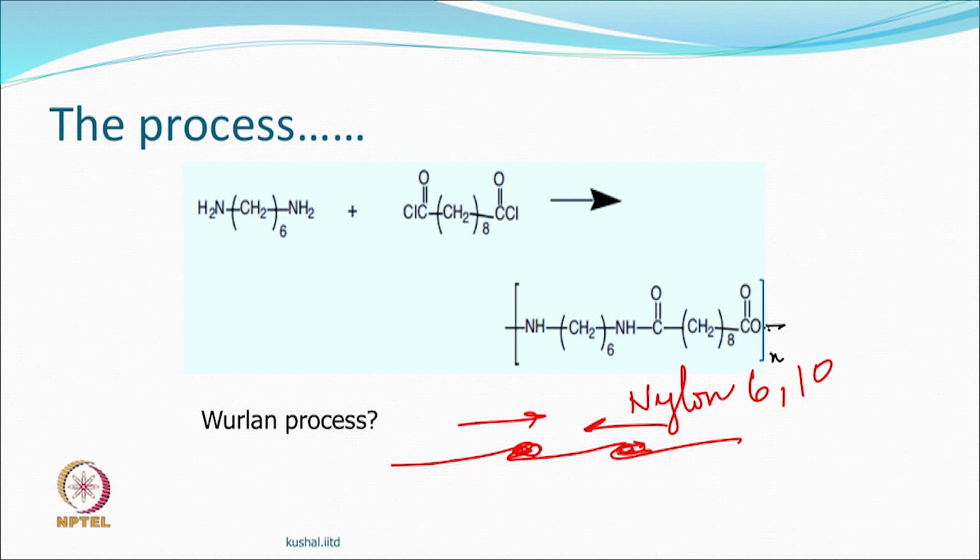Have you heard of a process called the Everland process? No? The Everland process is the process which used this polymerization technique on to the wool, so that the scales on the wool could be masked, because you have felting. That is one of the properties of the wool, and if you do not want felting to take place, you want to make shrink proof wool, as they say.